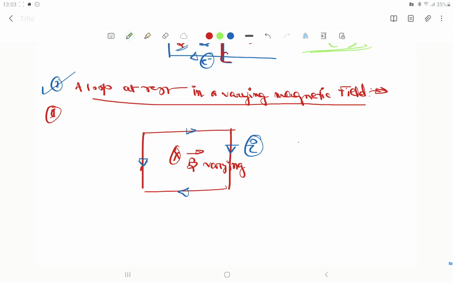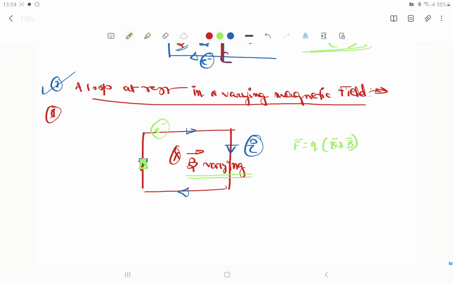Now talking about the second case, let's say this is a stationary loop and this is a varying magnetic field. Now the current will be set up in this clockwise direction according to the right hand rule. Now tell me one thing, if there is an electron in this conducting loop, as we have seen before, this is the force on an electron or any moving charged particle.